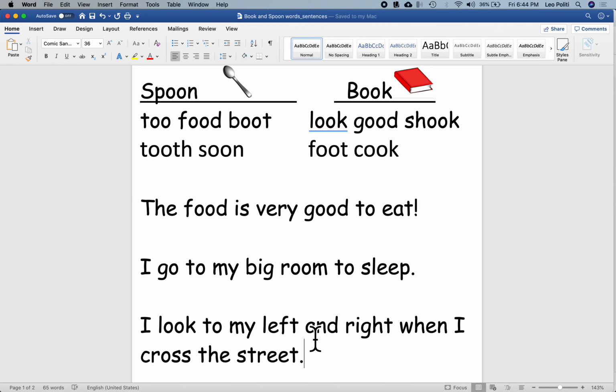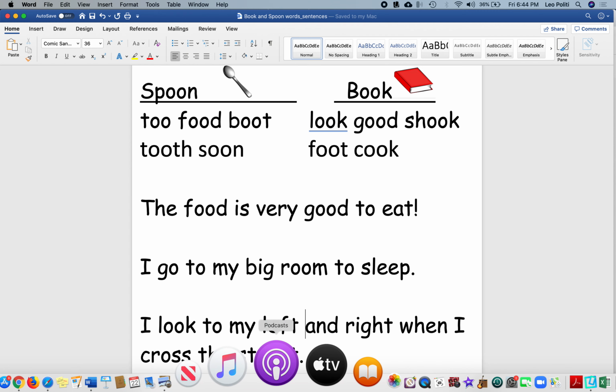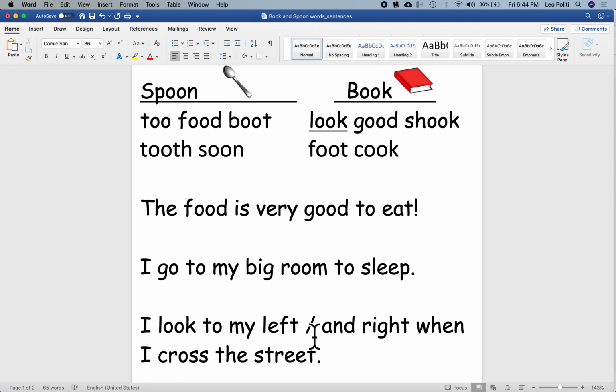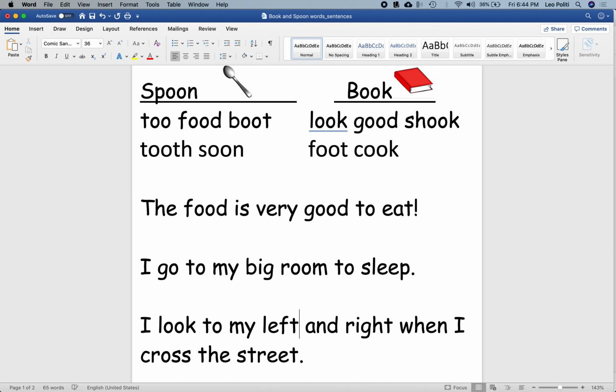Okay, and notice I paused a bit. Again, we talked about it last time, right? Sometimes you have to chunk the sentence. I guess you could say you chunk it in your mind, right? Because in a sentence you don't see these slashes, right? I look to my left and right, or maybe you can chunk it bigger. I look to my left and right when I cross the street.